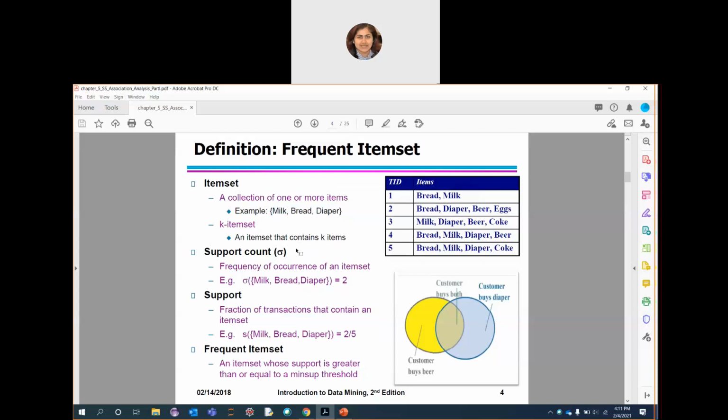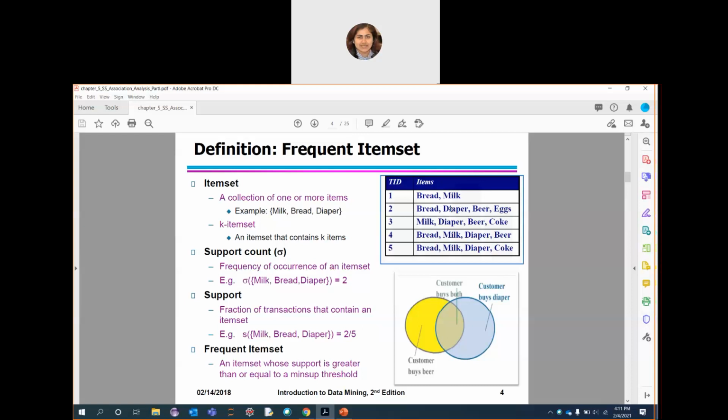Let's say there is an item set which only contains milk, not the bread and diaper. In that case, it becomes a one item set. This item set, bread and milk, contains two items, so it becomes a two item set. If it has four items, then it becomes a four item set.